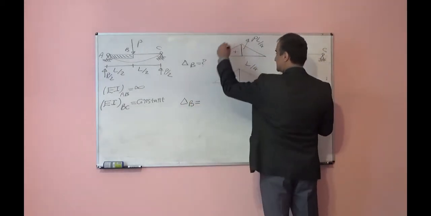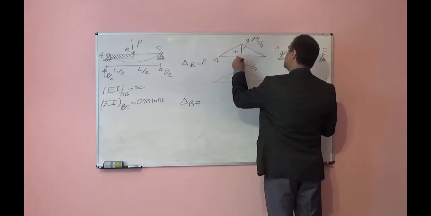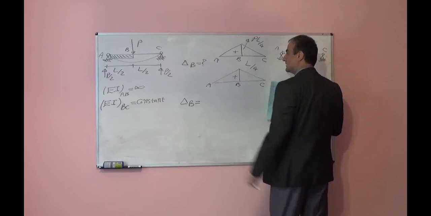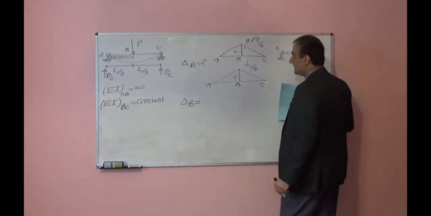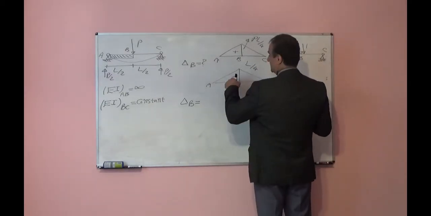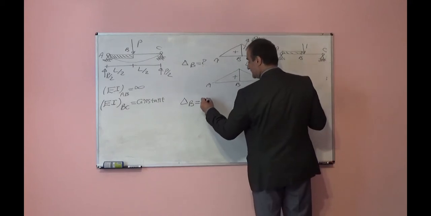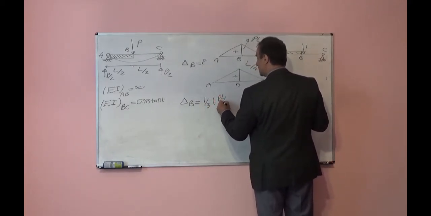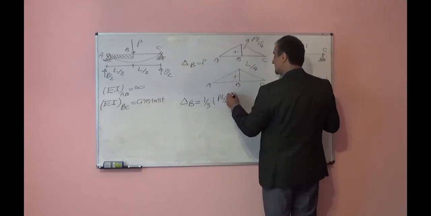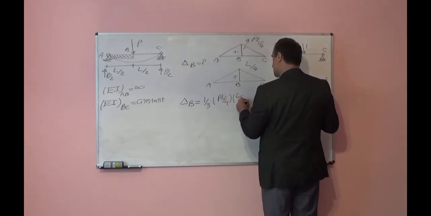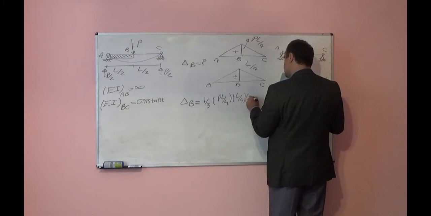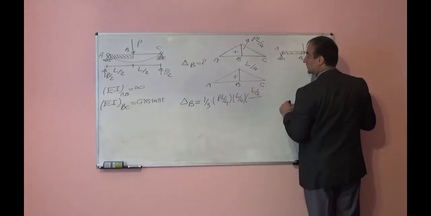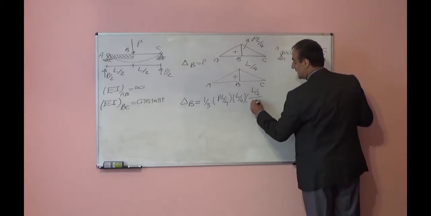for this side from A, B, C, if I multiply, for the AB part it will be triangle to triangle. The coefficient is 1 over 3 times PL over 4 times L over 4 times the length for that part, which is L over 2, divided by EI.